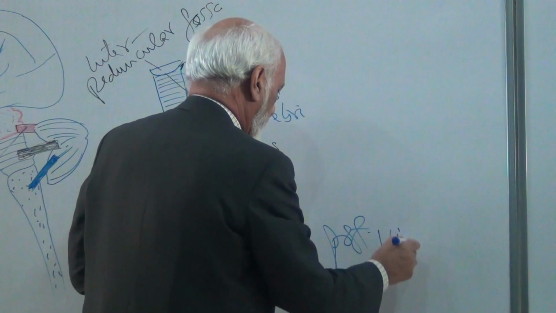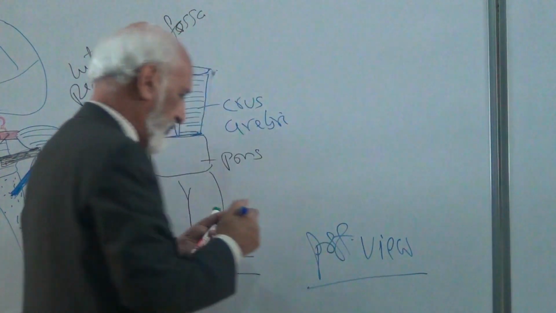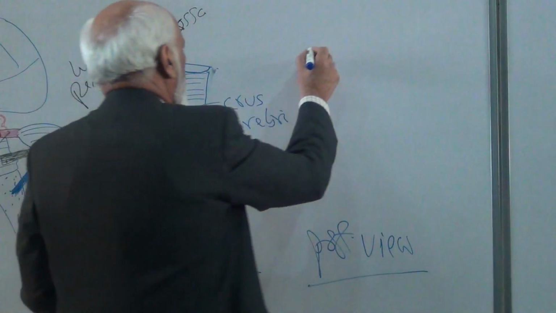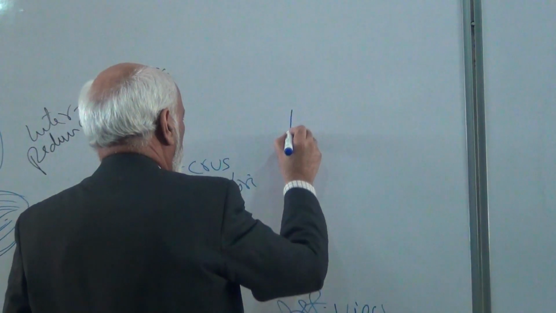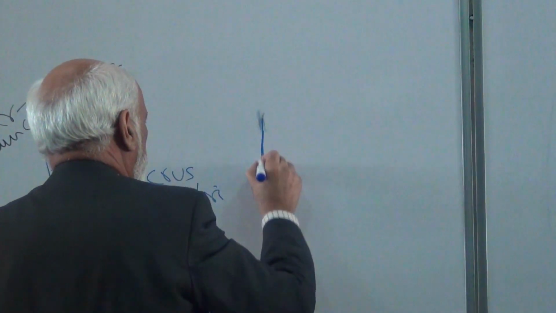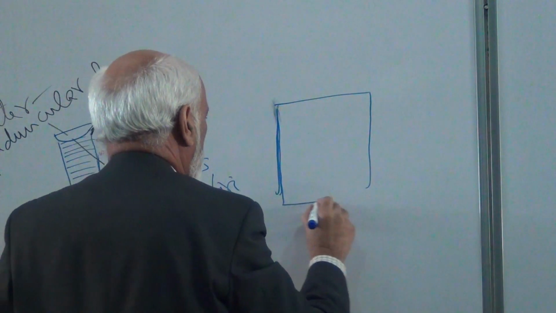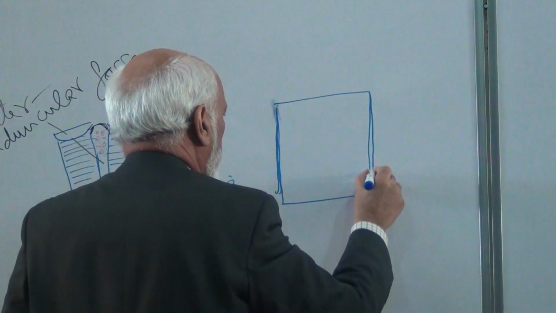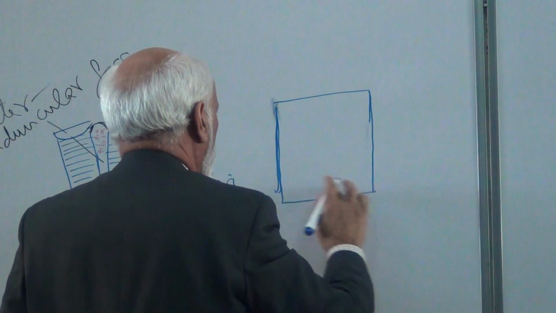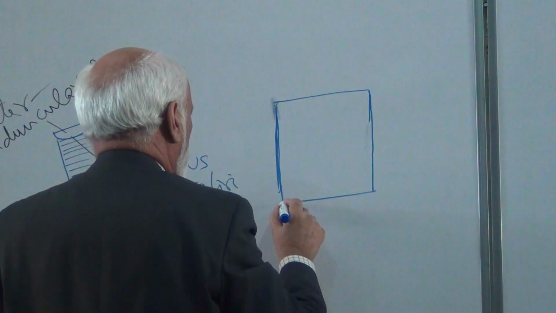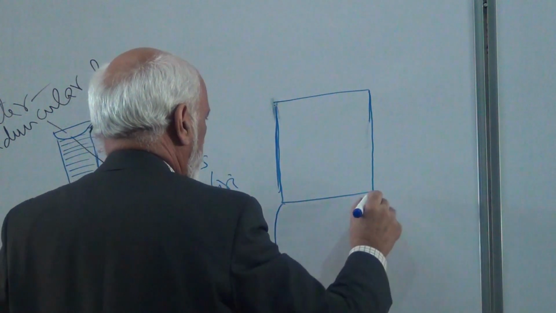Now, what are the external features of the posterior aspect of the midbrain? Suppose this is the posterior aspect of the midbrain. Then posterior aspect of the pons.